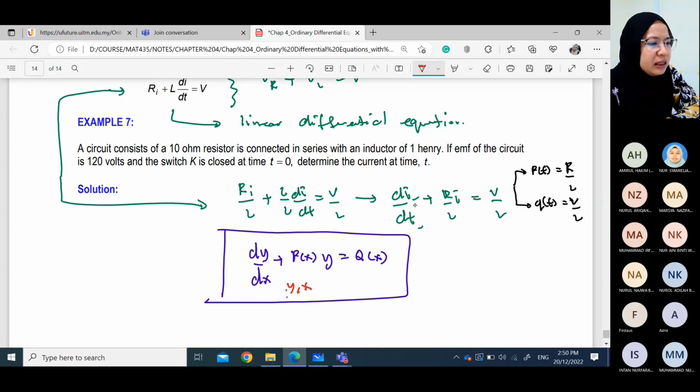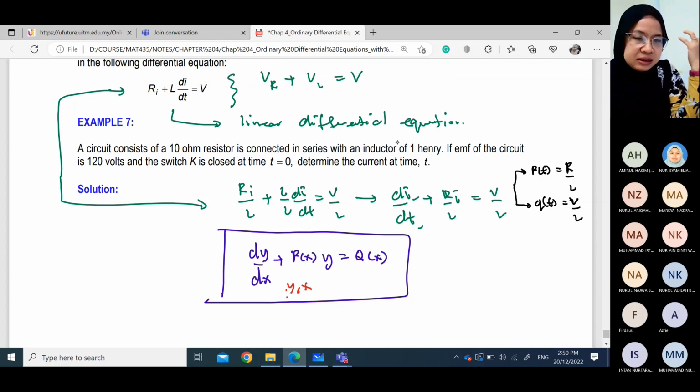So what is the connection with the green one above? If you look here, this is actually a linear differential equation, but in the case of an electric circuit, with the resistor and the inductor. So here you must also identify P and Q in terms of current.